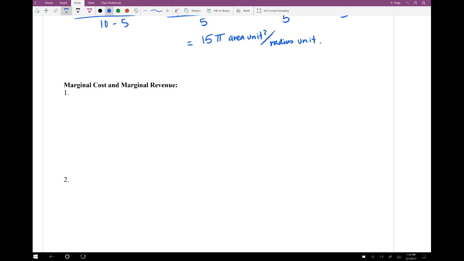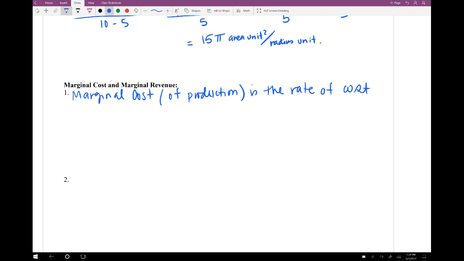What is a marginal cost? Marginal cost. Usually we have to deal with production. So marginal cost of production is the rate of cost with respect to the level of production.